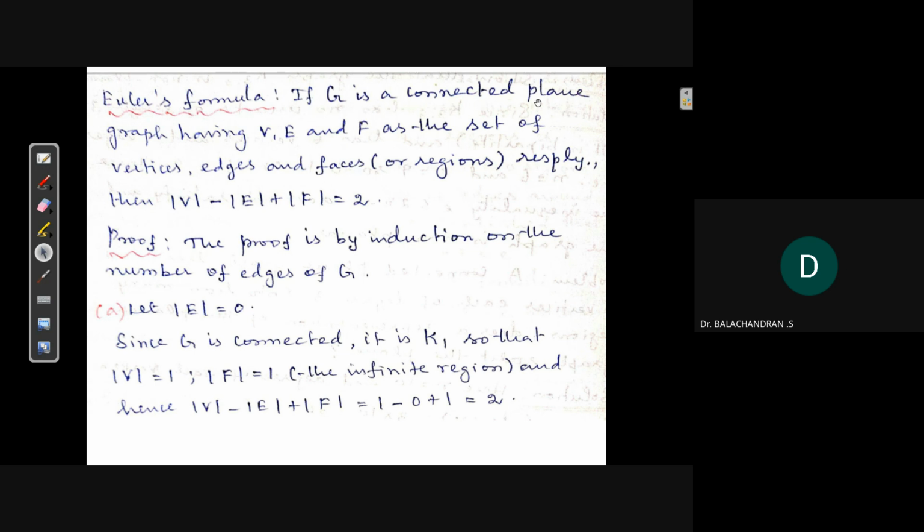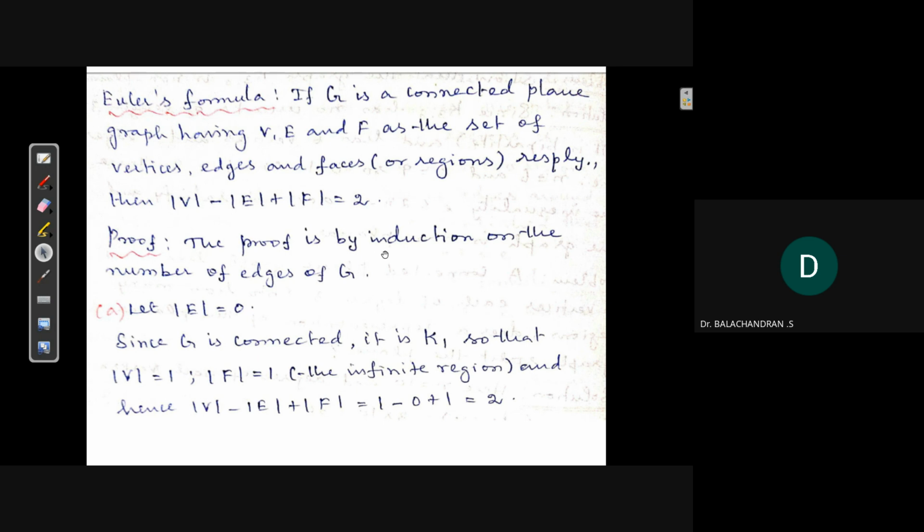If G is a connected plane graph or planar graph having V, E and F, where V means the number of vertices, E means the total number of edges, and F means the total number of faces, as the sets of vertices, edges, and faces (faces are regions), respectively, then the cardinality of V minus the cardinality of E plus the cardinality of F is equal to 2.